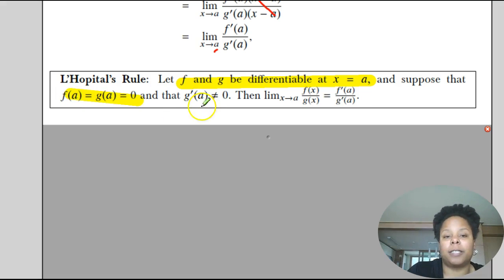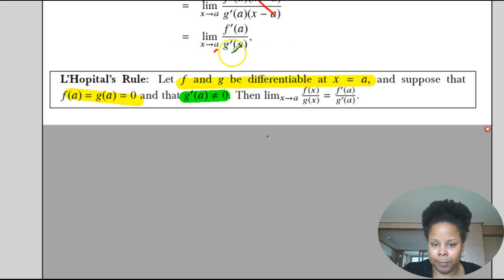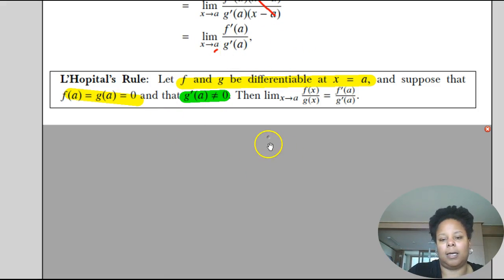And the additional condition that we didn't consider at first because we didn't know about it was that g prime of A can't be 0, because if that's the case, we won't be able to evaluate the limit using this method, because g prime of A in the denominator will come up with an undefined limit.